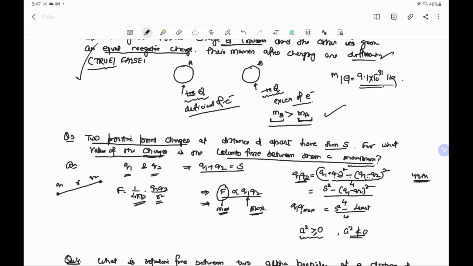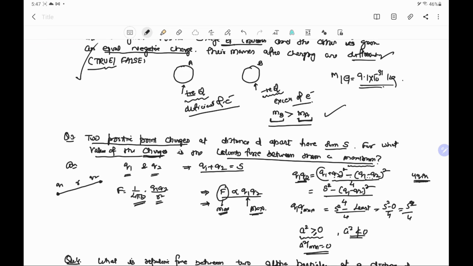And the least value of a square, because a square is greater than or equal to 0, is 0. Hence the minimum of Q1 minus Q2 whole square is 0, so Q1 Q2 equals S square minus 0, by 4.